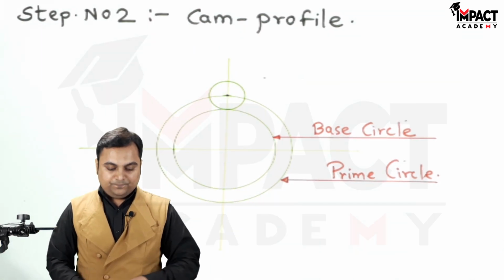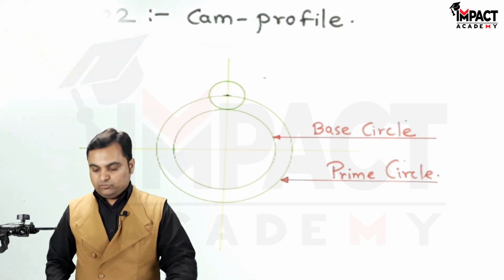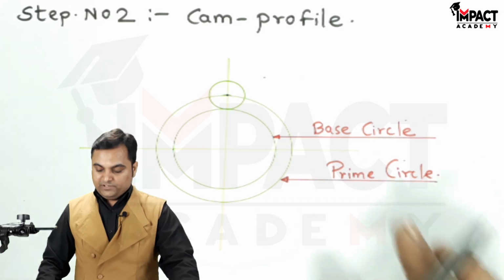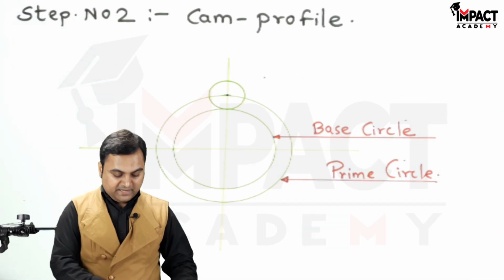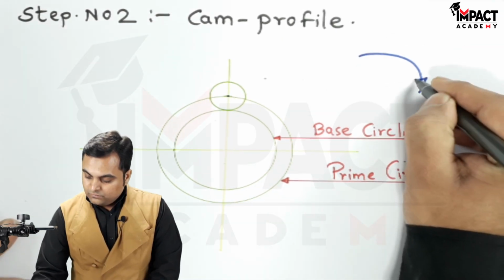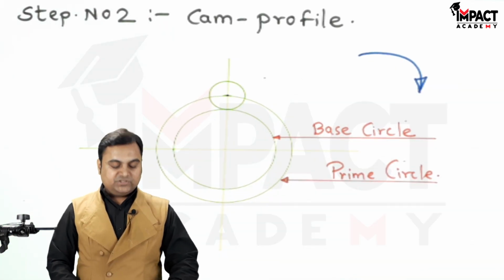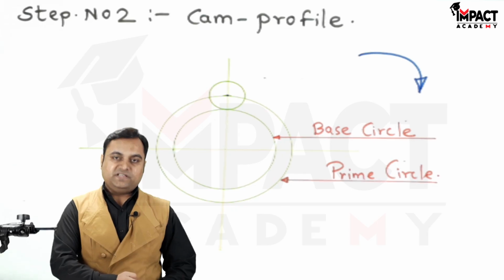Now, since in the problem nothing is mentioned about the direction of rotation of the cam, here I am assuming that the cam is rotating in a clockwise manner. So when the cam is rotating in a clockwise manner, measure the angles which are given in the problem in an anti-clockwise sense.